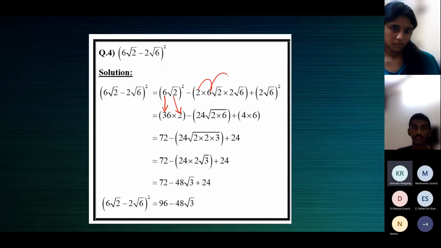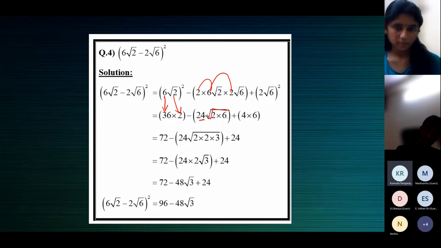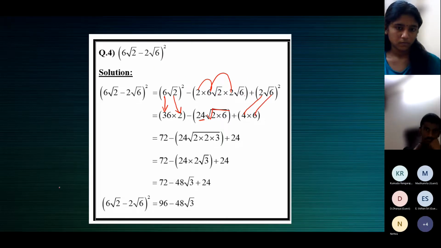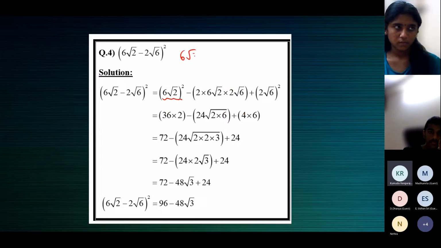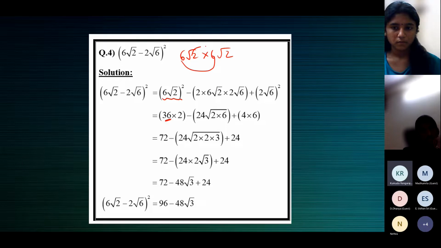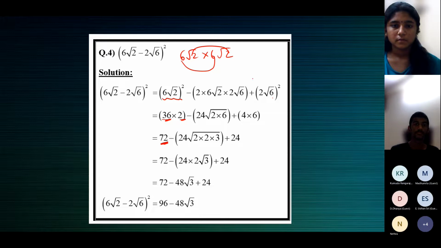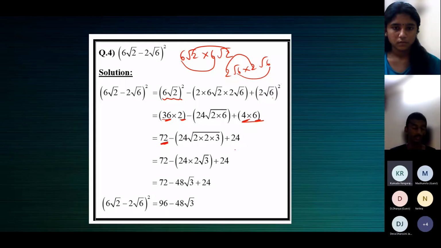When you square 6 root 2, 6 into 6 is 36, root 2 into root 2 is 2, so 36 into 2 is 72. 2 root 6 the whole square is 2 root 6 into 2 root 6. 2 into 2 is 4, root 6 into root 6 is 6, 4 6s are 24.